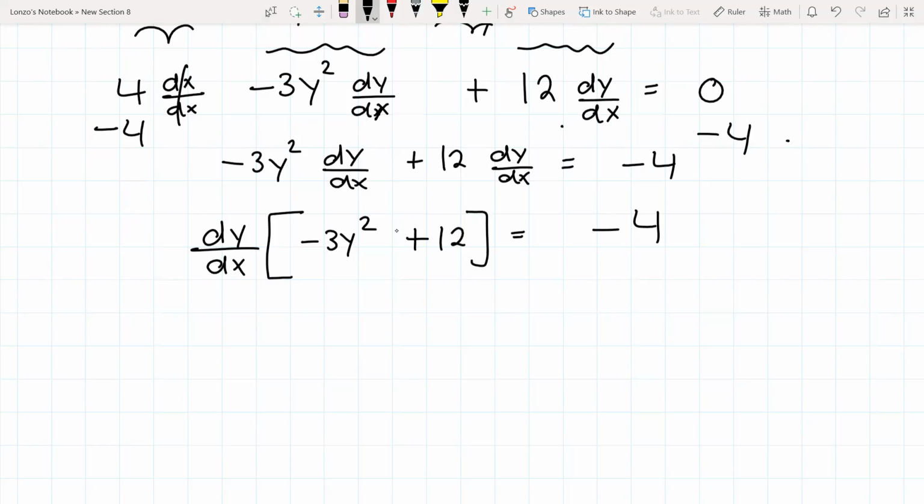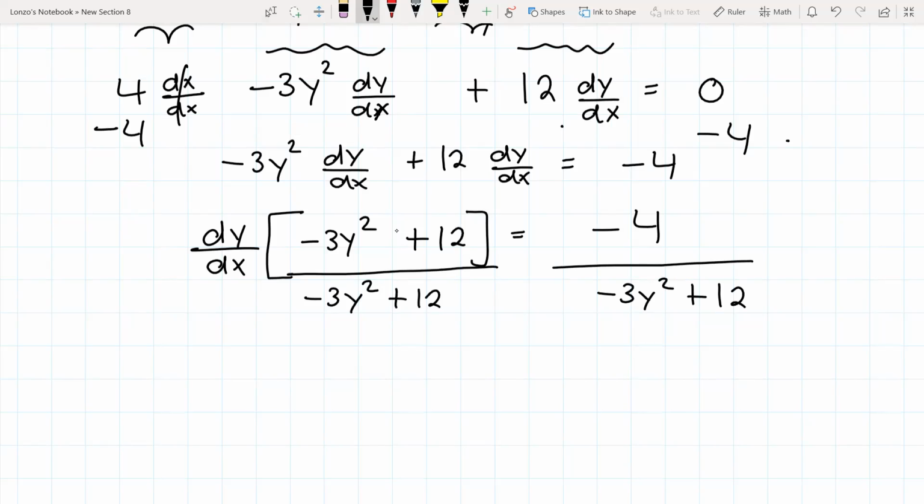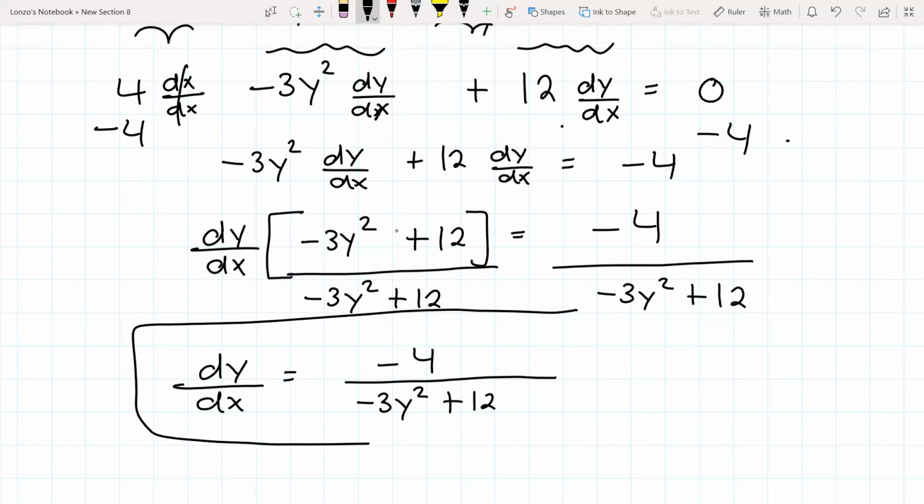Next step is solve for dy dx by getting rid of this, so you're going to divide by negative 3y squared plus 12. So your final answer is dy over dx equals negative 4 over negative 3y squared plus 12. Okay, so that is your final answer.